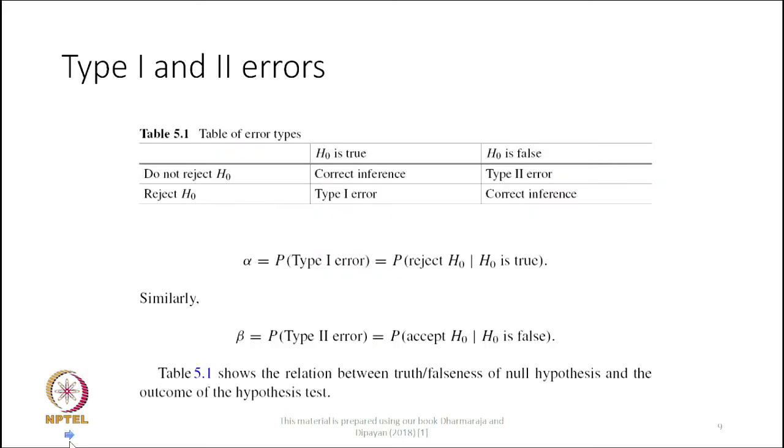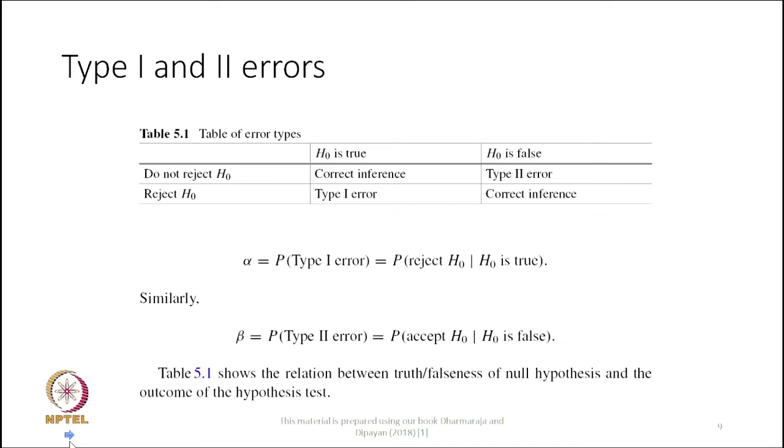Whatever I said, we have written in table form: how you end up with the type 1 error and how you land up with the type 2 error. Now, I am relating the probability of a type 1 error with the probability called alpha. That means you are rejecting H naught given that H naught is true. H naught is the null hypothesis.